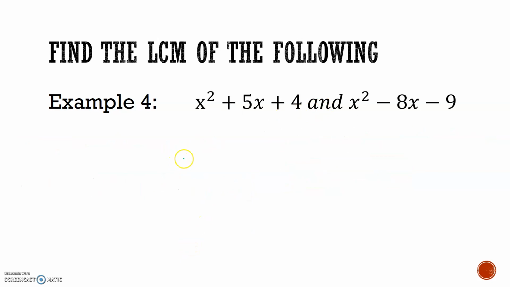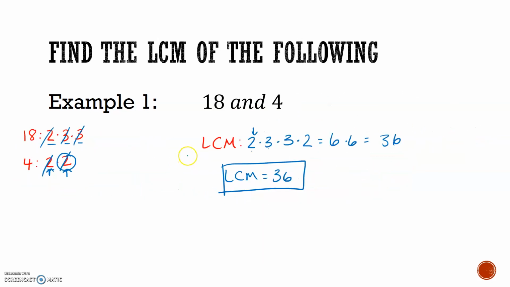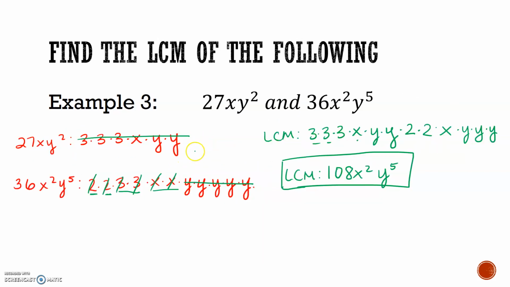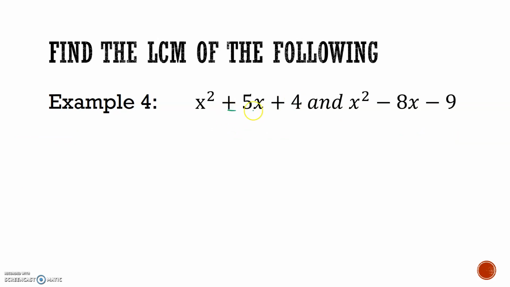This one is different because all of the other ones were monomials. You didn't see a plus or a minus sign. Here you do have plus or minus signs. So we're going to need to factor using our polynomial factoring techniques.